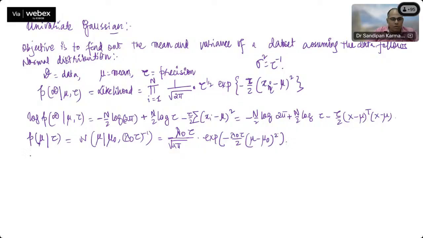Now log of p(mu given tau) is coming as minus half log 2 pi, plus half log of lambda naught tau, minus lambda naught tau by 2 times (mu minus mu naught) whole square.